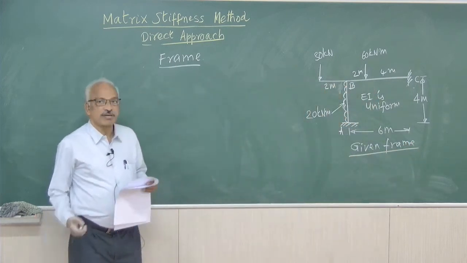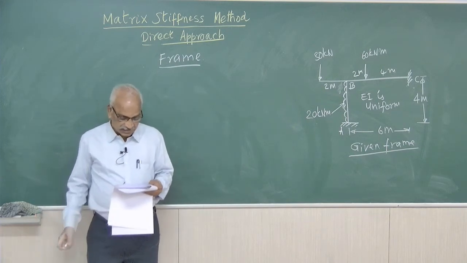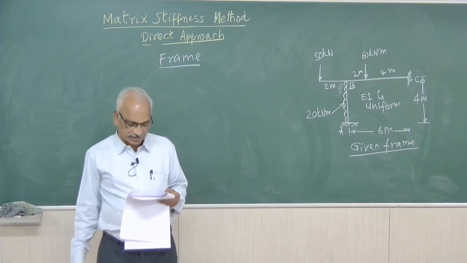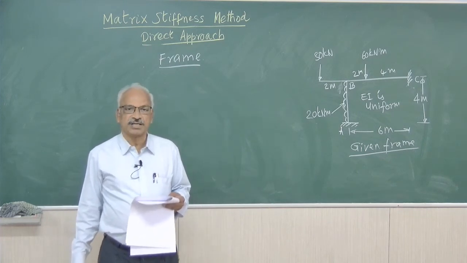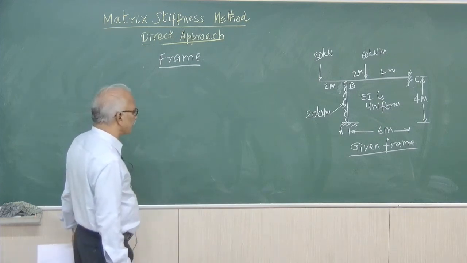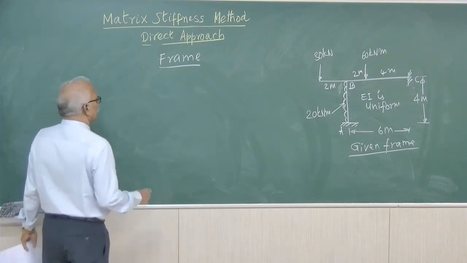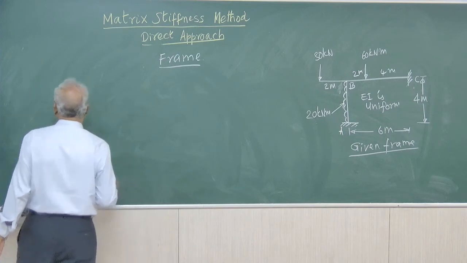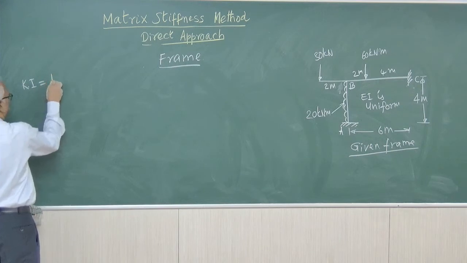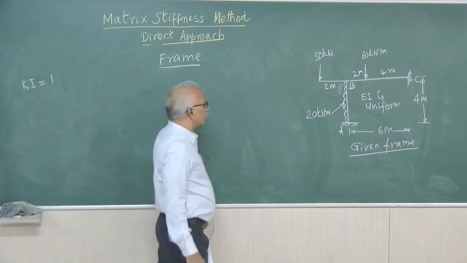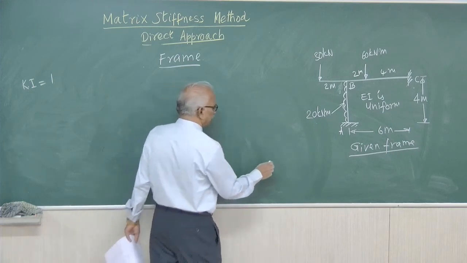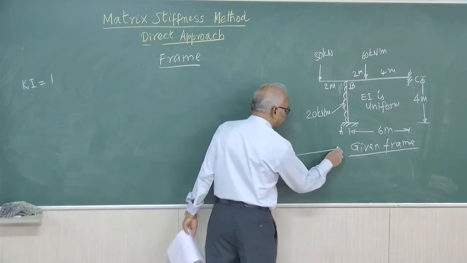So, the problem is: analyze the structure shown in figure by the direct stiffness method, sketch the bending moment diagram. That is all. And here also we find that the kinematic indeterminacy equal to 1. We are going to consider this frame.